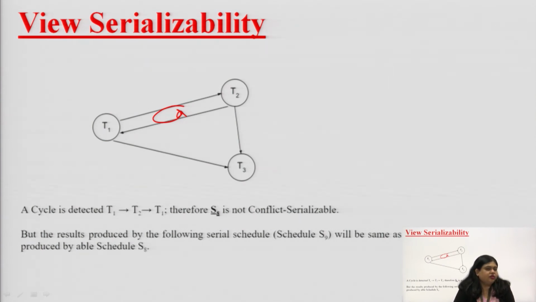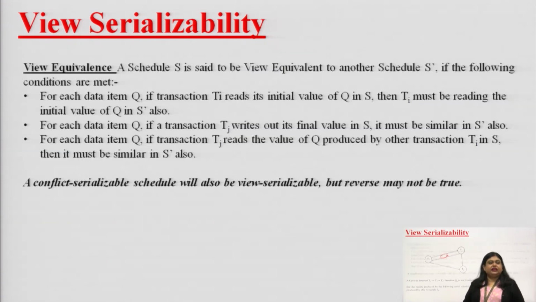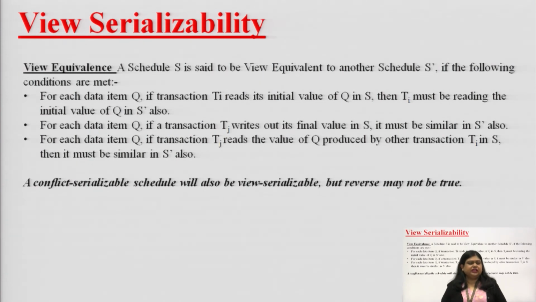this is not conflict serializable, but it is view serializable, because in the end we are getting the same result. So these are some of the things that we need to keep in mind for view serializability. A schedule S is said to be view equivalent to another schedule S dash if the following conditions are met. For each data item Q, if transaction T1 reads the initial value of Q in S, then T1 must also read the initial value of Q in S dash.